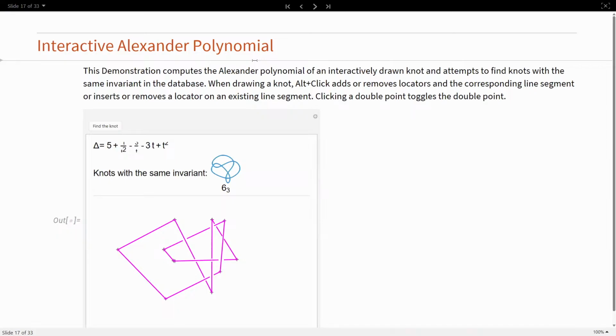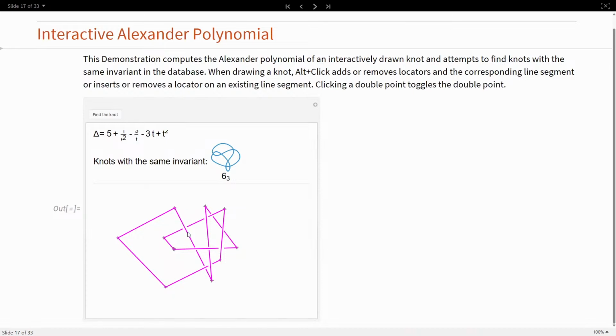We have a demonstration that can do an interactive form for these. For example, this knot here, I think we can add a vertex. So let's add a vertex here. Let's move this out of the way.